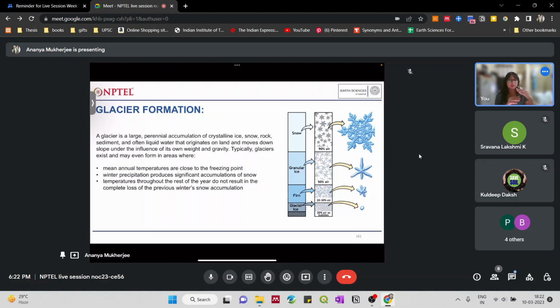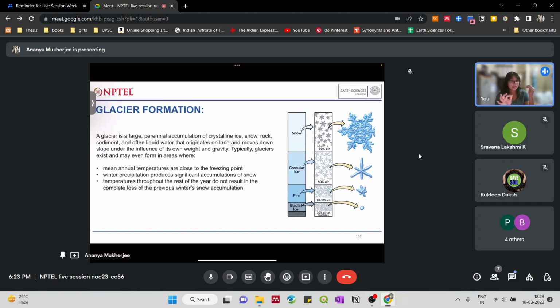Then the granular ice gets compressed, and due to the compression, it recrystallizes and becomes much, much more compact, which then develops into a firn. Then the firn together will get compressed and crystallize into larger glacial ice masses.